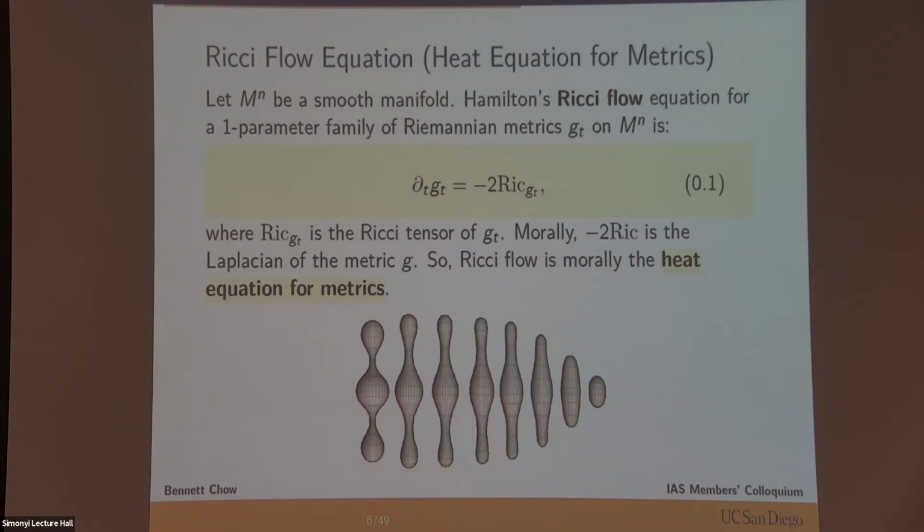In dimension 2, the neck will start to expand, and eventually the surface will shrink and become convex, with positive curvature. It's not shown in this picture, but eventually it'll shrink to a round point.